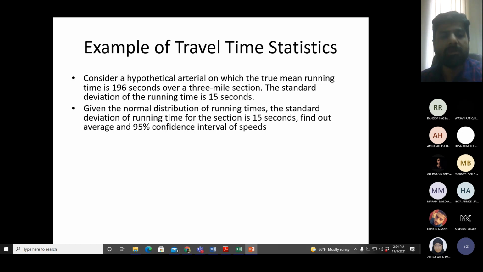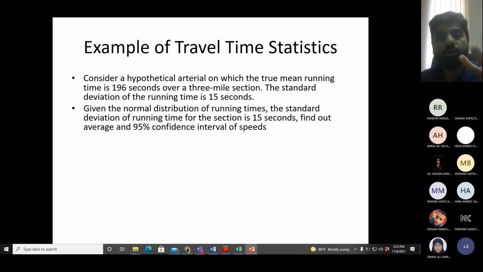So if I say true mean running time, that is the mean running time for all the drivers on the highway, not a sample. If I say true maximum value, that means the maximum travel time you can have on this highway for all the drivers, for any sample. Now, if you are using true mean running time, then you don't need to calculate E, because E is calculated for a sample.